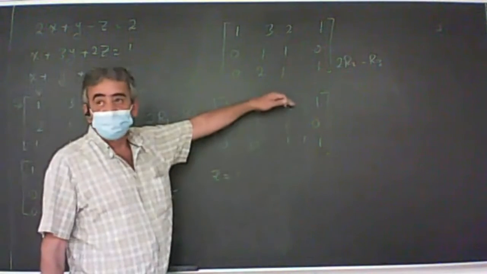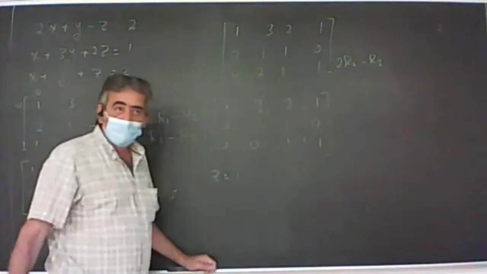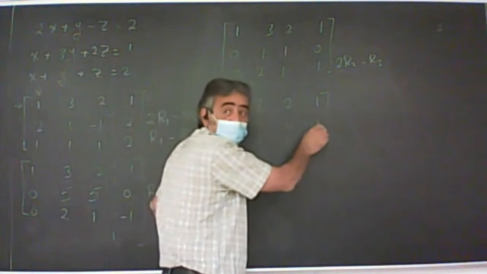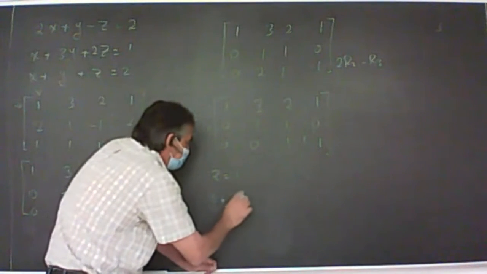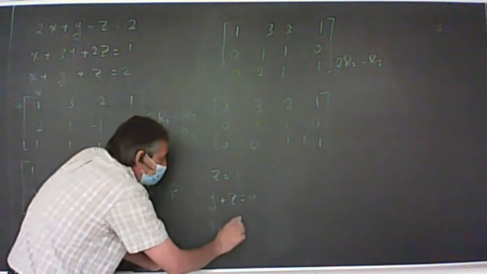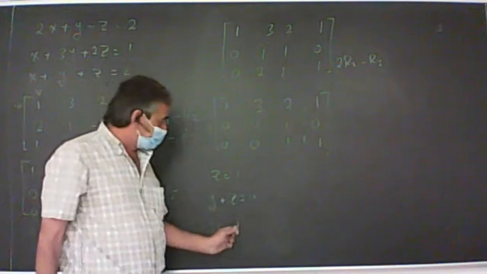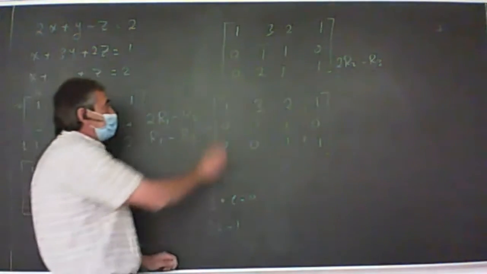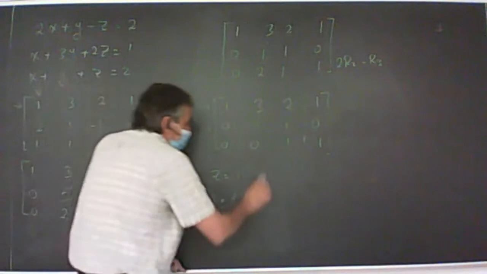I can go back substitute. How do I go back substitute? Now I go to this one. What do I read? Y plus z equals 0, right? So we say y plus z equals 0. Y equals negative 1, because z is 1. Take it to the other side, it becomes negative 1. Correct? Now, I'm going to go to this one. What does that one say?